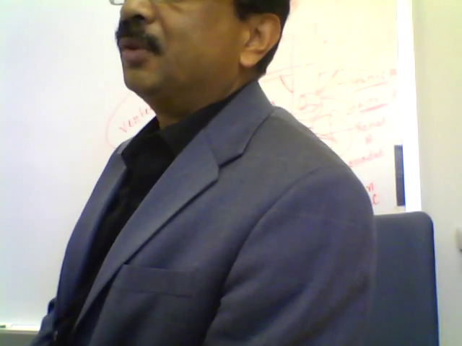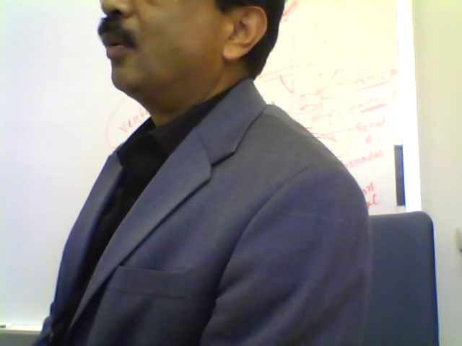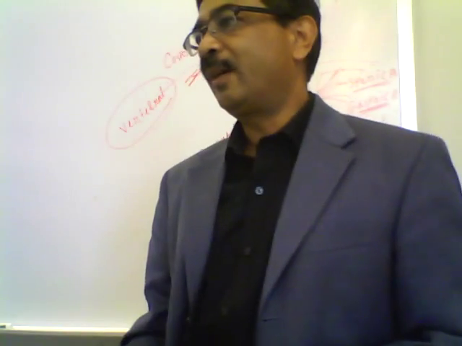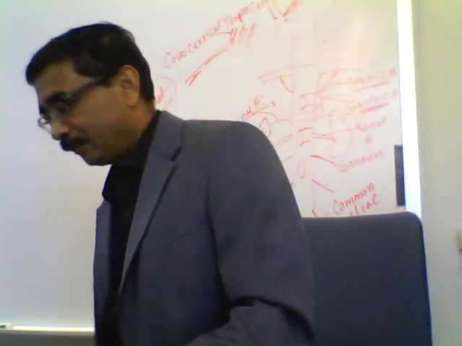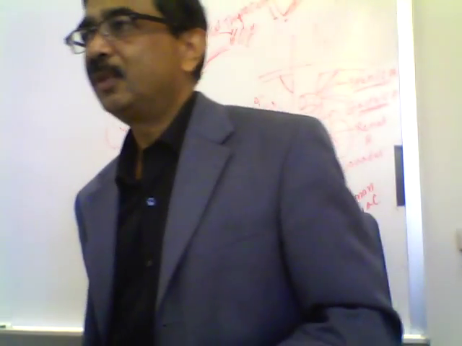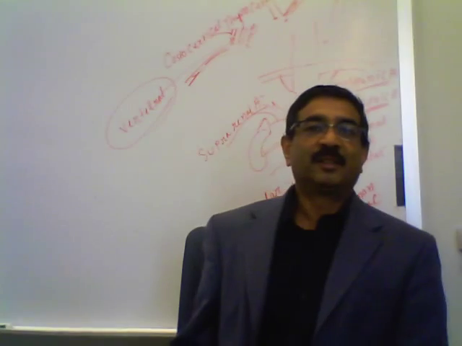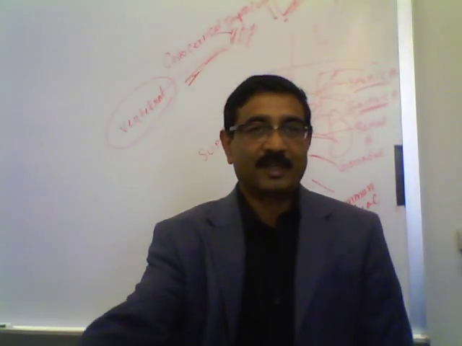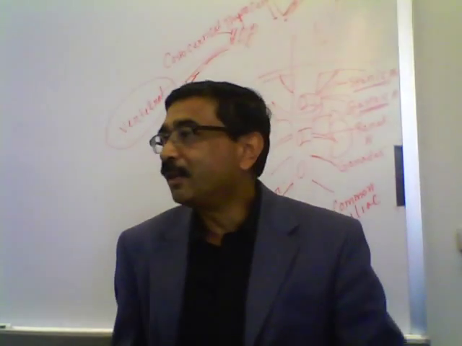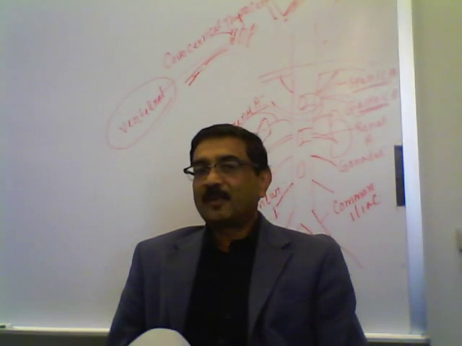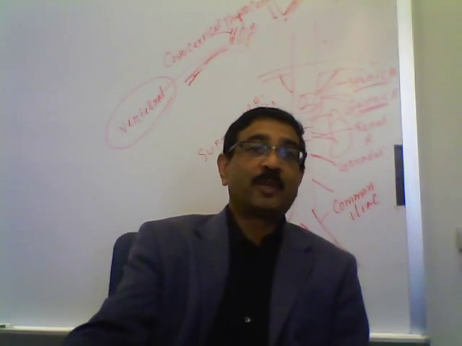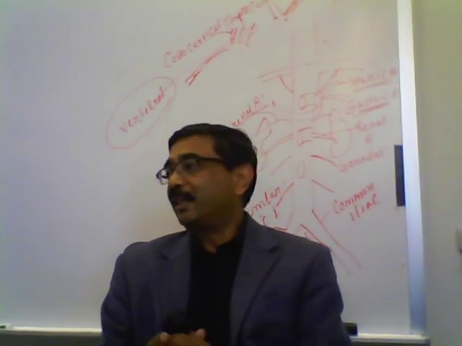Now if I ask you, the lower end of aorta divides into what? Two what? Iliac, right and left. And then right and left what? Common iliac, right? And each common iliac divides into what? Internal, external.